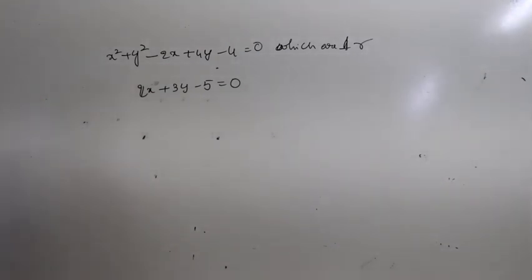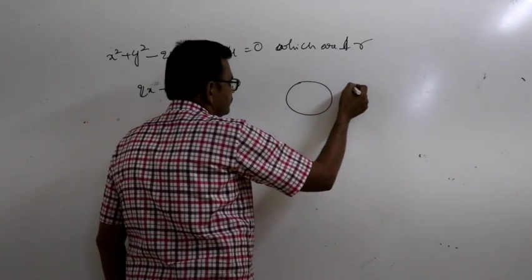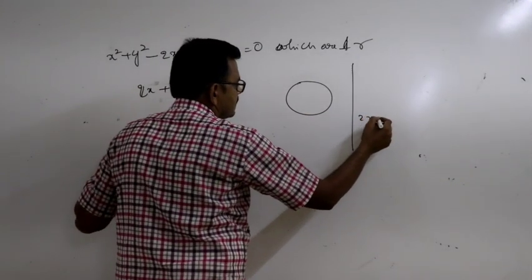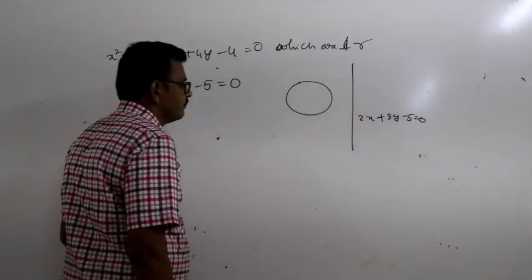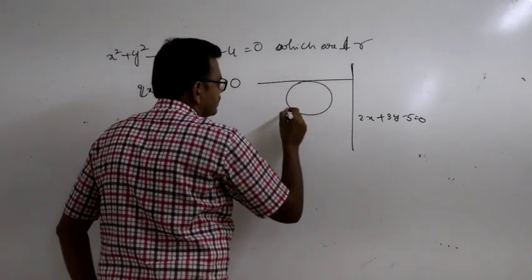So this is one line. The line is 2x plus 3y minus 5 equal to 0. Now we are finding the equations of tangents which are perpendicular to this one.